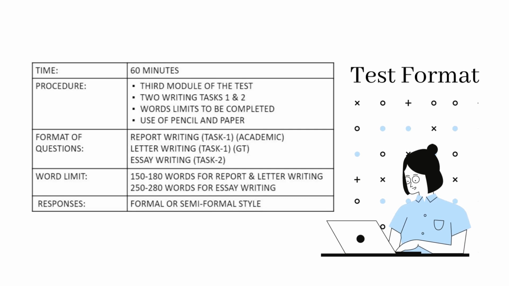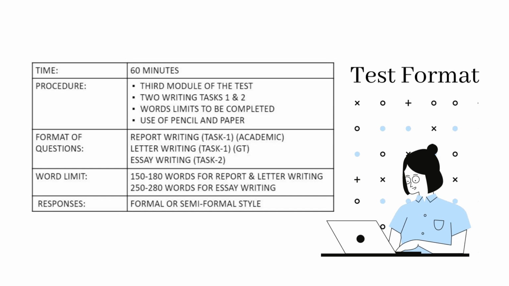As you can see on your screen, your writing module is of 60 minutes and you have to complete 2 tasks in the given time. Let us see the procedure. Firstly, it is the third module of your IELTS exam. Secondly, there are 2 writing tasks, task 1 and task 2.